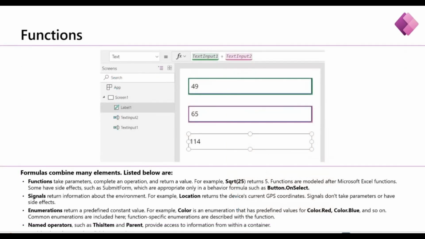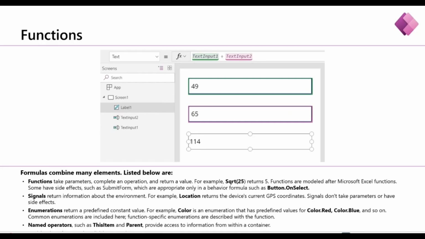Coming to the functions, yes, they take the parameters, they complete an operation and return a value. So for example, in the case of a square root, you just write sqrt of 25 and it gives you a value of 5.